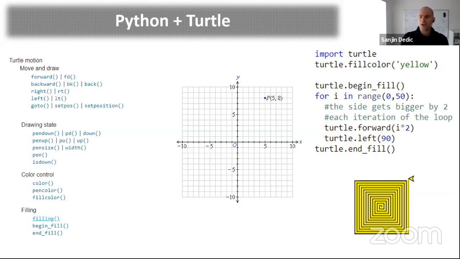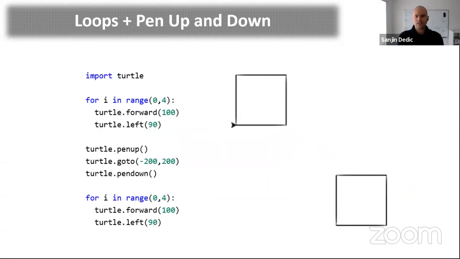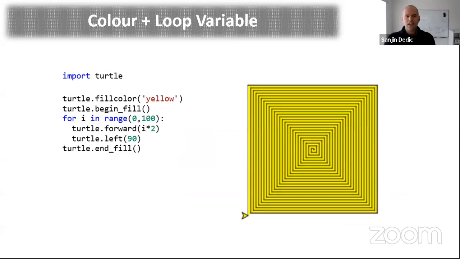And together with Python, we're going to use it with loops, lists, and the random library. And we're going to use that to create various shapes. We'll begin with just two simple squares, lifting the pen up and down. Then we are going to use the loop variable and fill in the shape with a particular color.